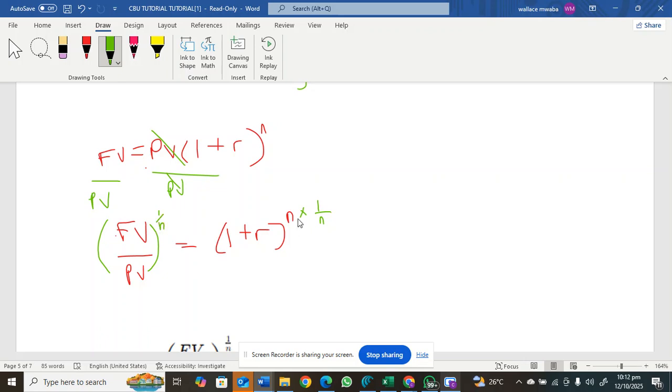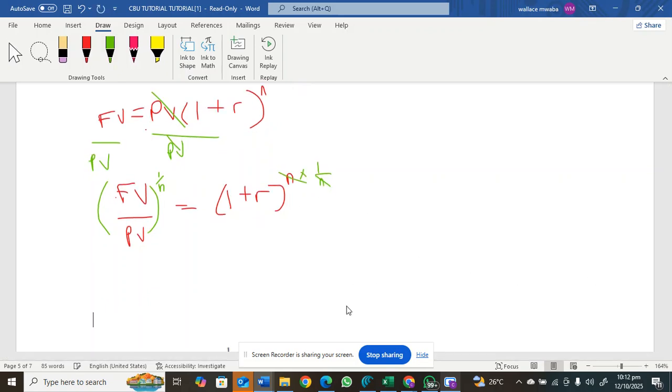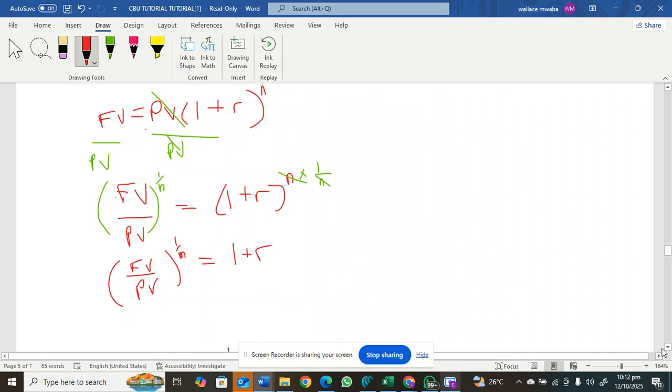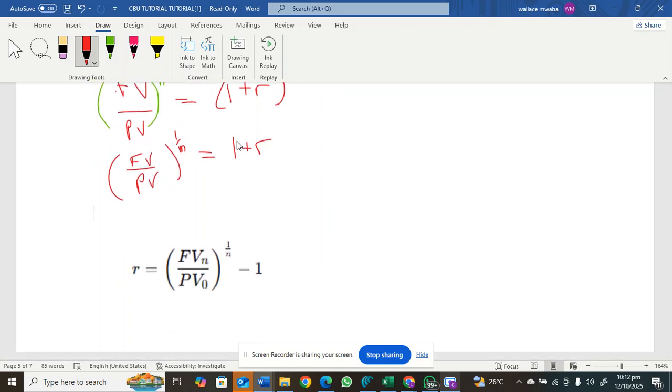So when we multiply n times 1 over n, these n's cancel each other out. So we have future value over present value to the power 1 over n equals 1 plus r. And then all you need to do is take this 1 over to the other side and it becomes minus.